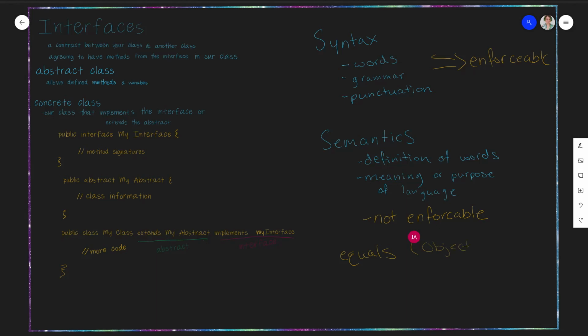And I'm just going to return a Boolean. Now, you would think that this method is going to do a particular thing. You think that this method equals is going to return a value that indicates whether or not this object is equal to my current object, which ideally is true. But Java cannot enforce that rule. That is up to you as a programmer to make sure exists.